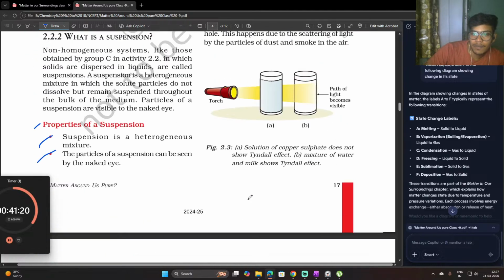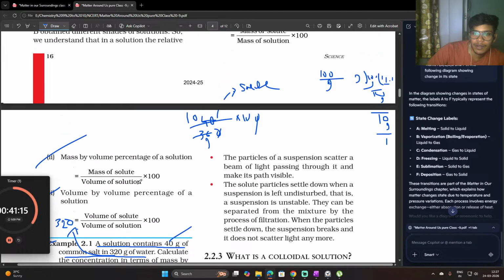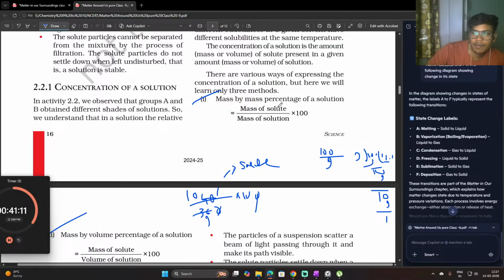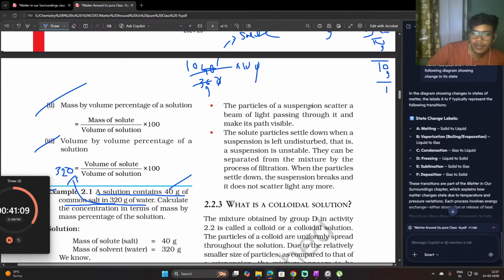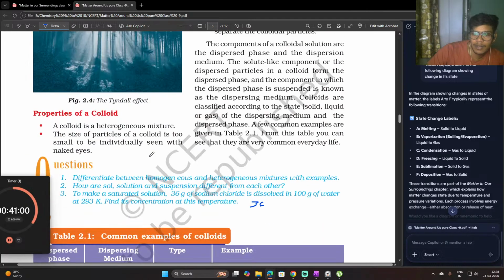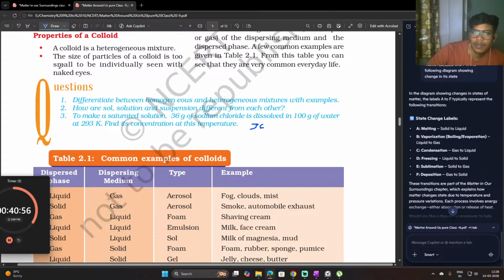So you learned about the formulas, right? Here it is. First one is percentage of solution, mass by mass. Mass by volume percentage of solution. Volume by volume percentage of solution. But there is no concentration here, guys. So how can they ask concentration?